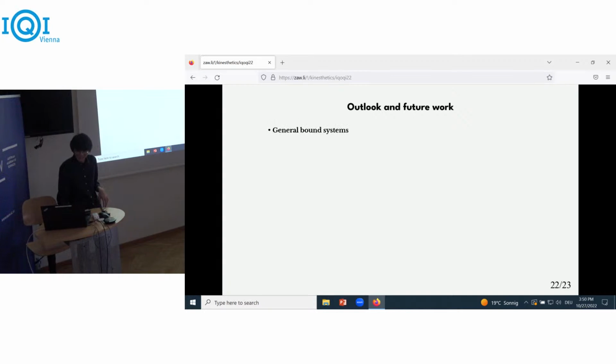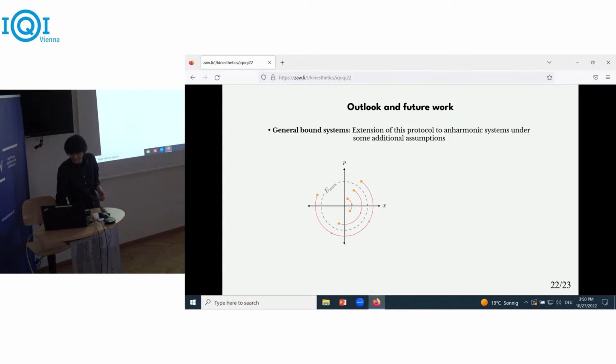Indeed, it might not be that you have exactly a harmonic system, right? This is a very ideal kind of system, and so we're looking at general bound systems where we extend this to n-harmonic systems, where we have to add in some additional assumptions. And just visually, I'll show you what these assumptions are.